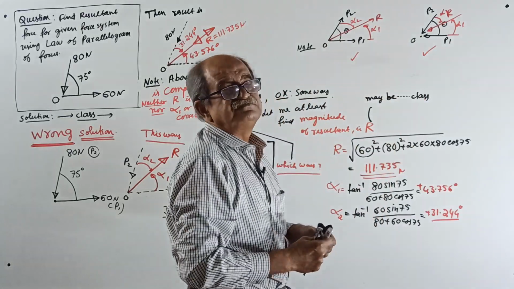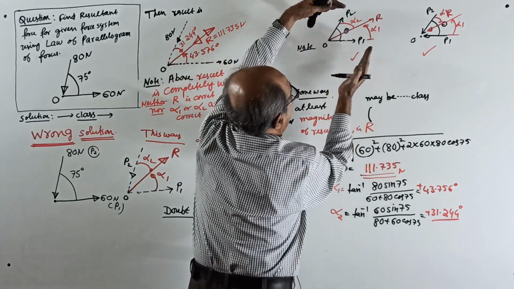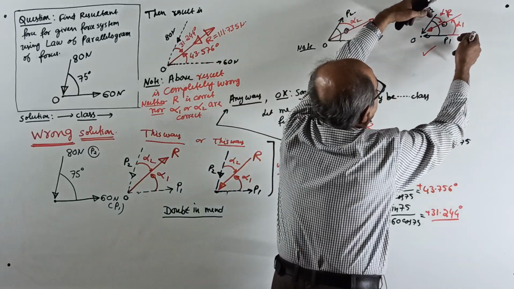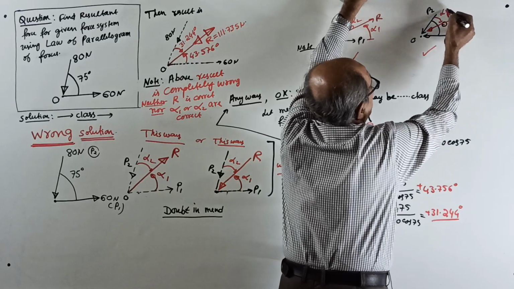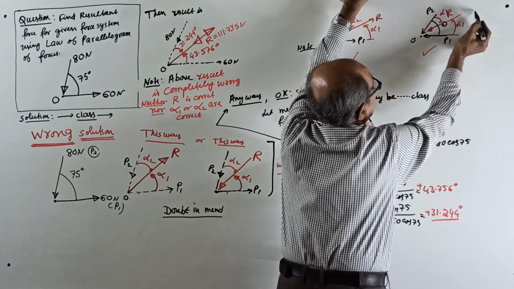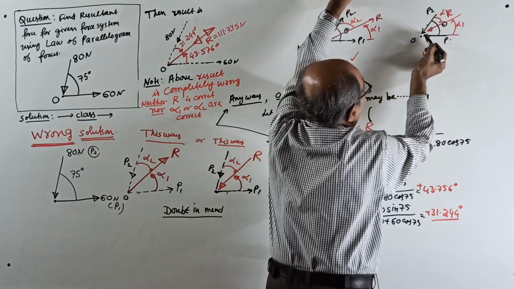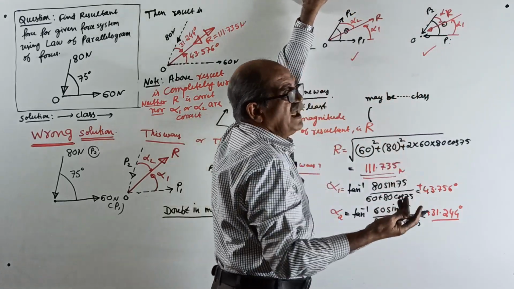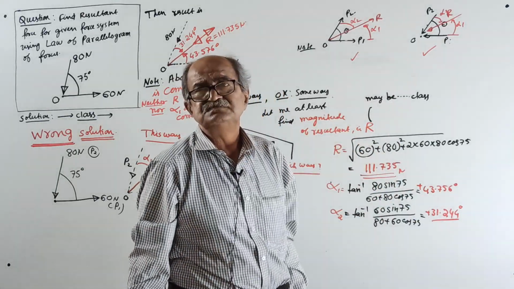Both are perfect. When you make the parallelogram of forces, it will come this way and this way. If it is this way and this way, you should draw parallel lines, this will come here, P2 will come here, and the resultant will come this way. Or you can extend it and write also. So both are correct. Perfect answer will come.